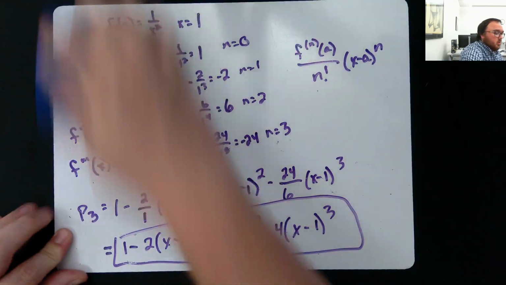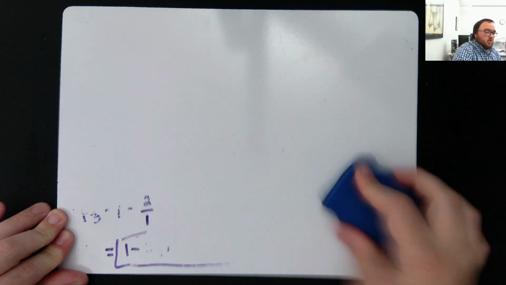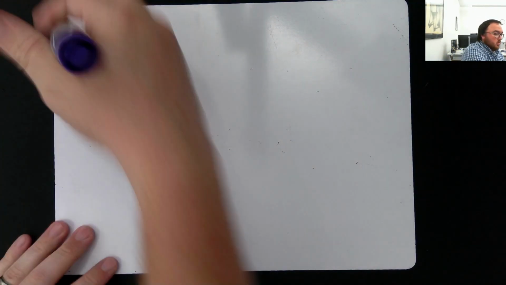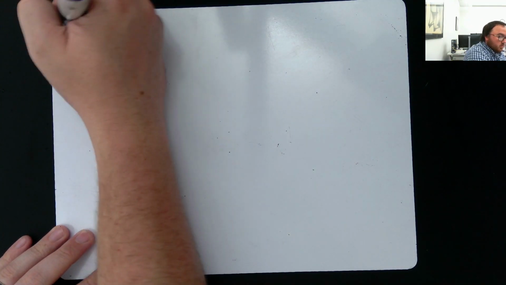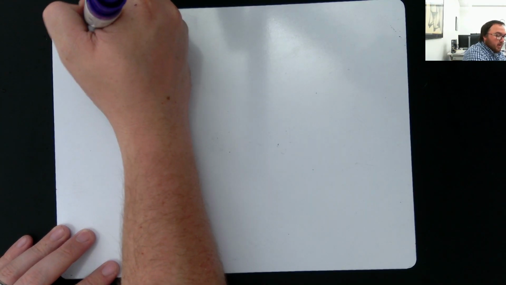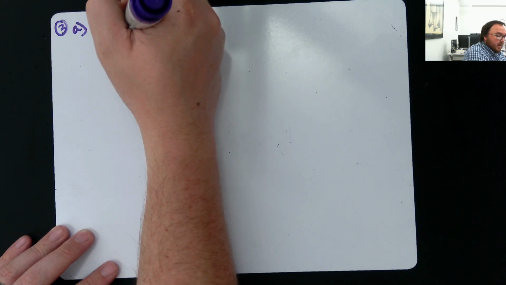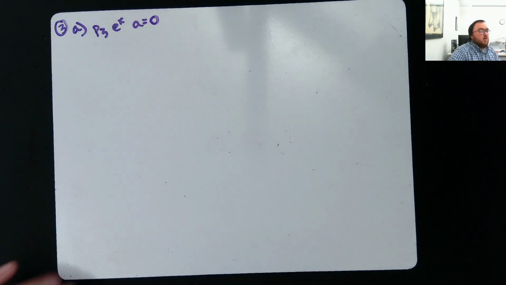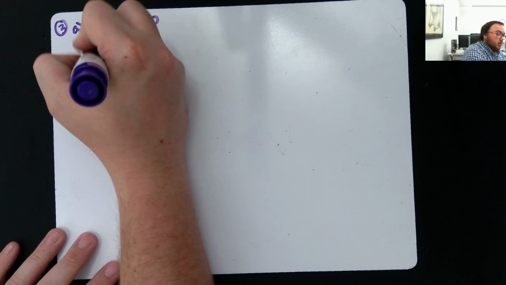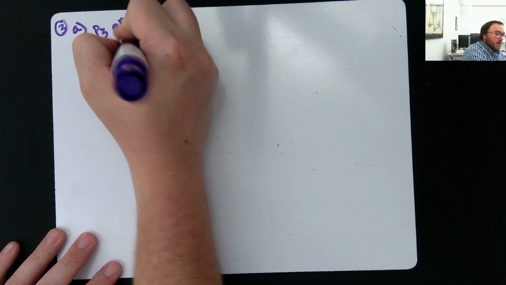Let's do e to the x first. Find P3 for e to the x at a equals 0. So P3 again means I want the third derivative. So first start with f of x, which we know is e to the x.